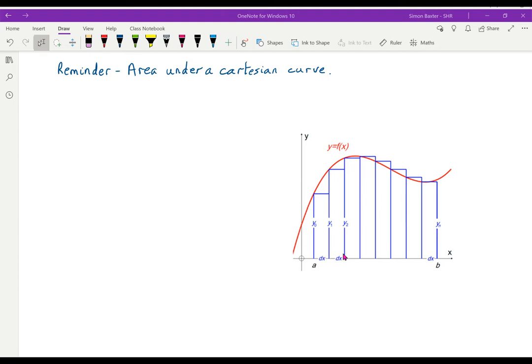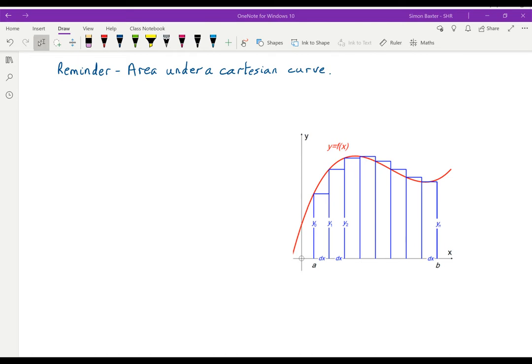We divide up the curve into lots and lots of rectangles, each of width delta x and height y0, y1, y2, etc. And the area under the curve is going to be approximately equal to the area of all these rectangles. And as the width of each rectangle gets smaller and smaller, as delta x tends to 0, the approximation gets better and better.